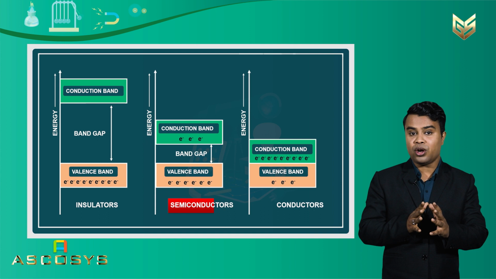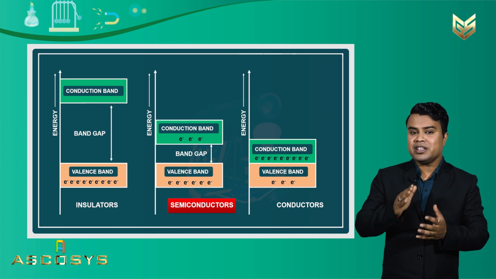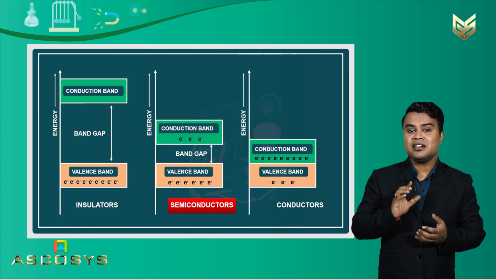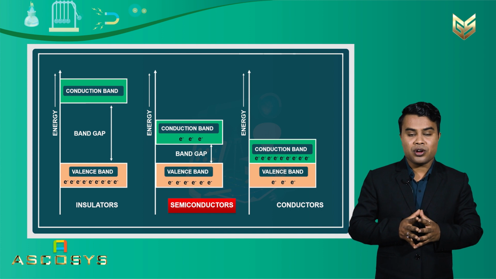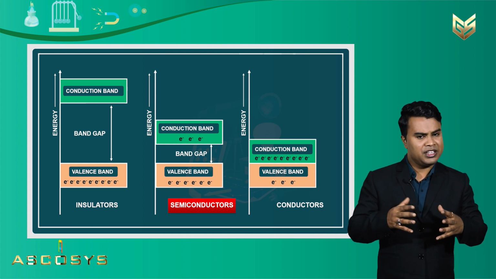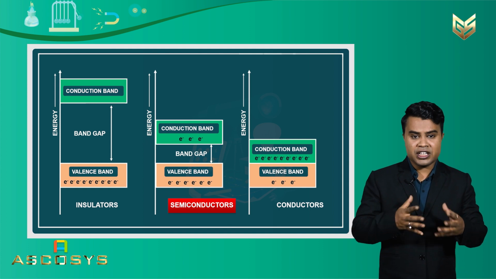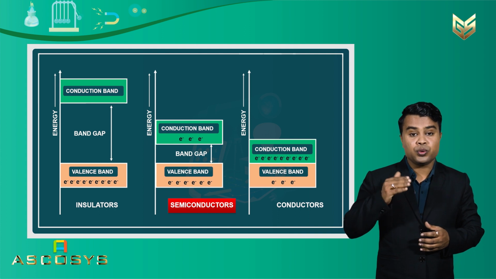Now take the example of semiconductor. Now the gap between the valence band and the conduction band is in mid range. Therefore, if you supply external energy in the form of heat, maybe in the form of voltage, then the electron from the valence band can go to the what?